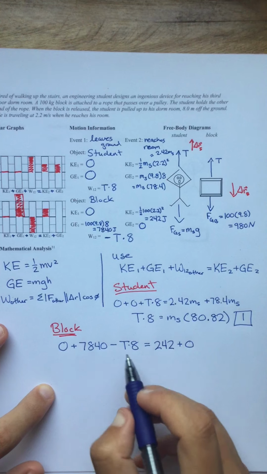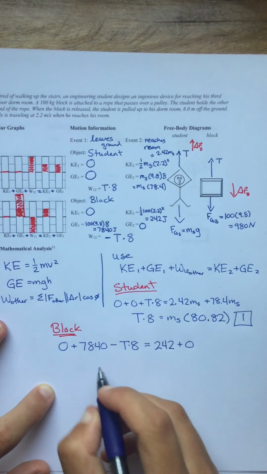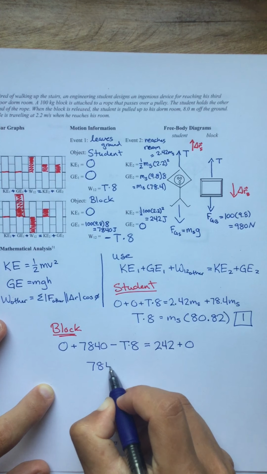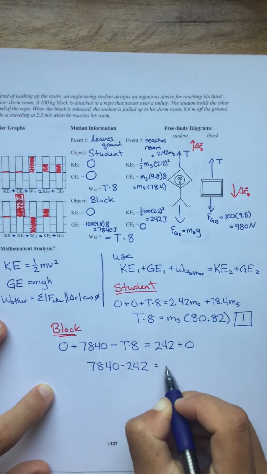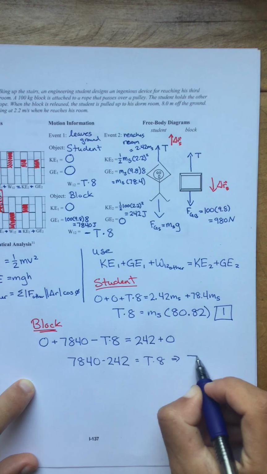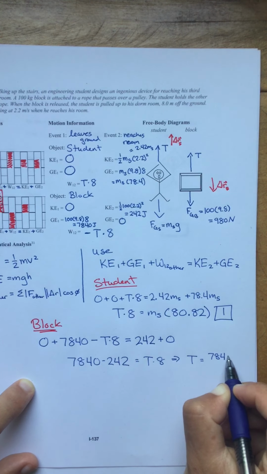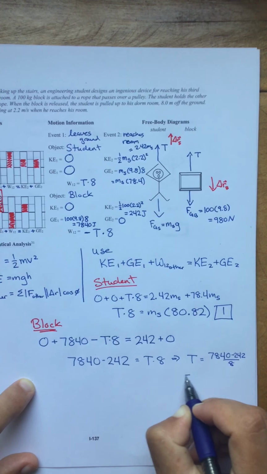So let's bring the T times 8 over to the other side and the 242 over to the left-hand side. So we have 7,840 minus 242 is equal to T times 8. Therefore, T is equal to 7,840 minus 242 divided by 8.